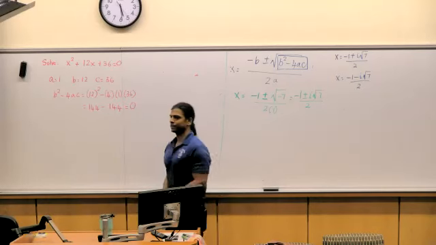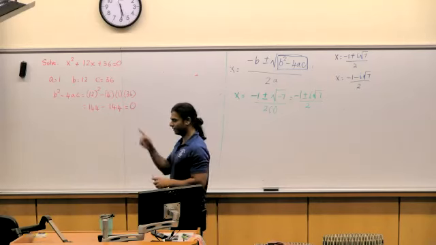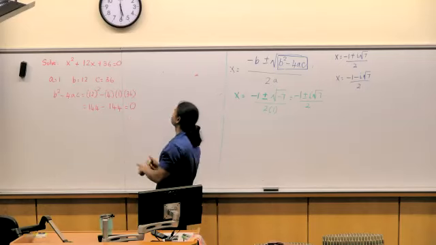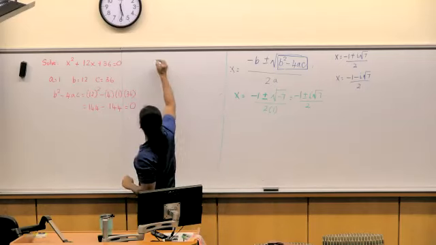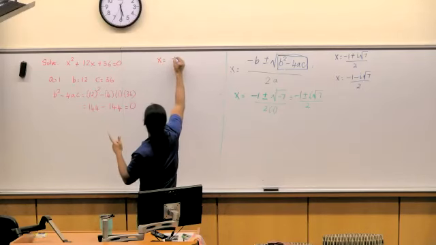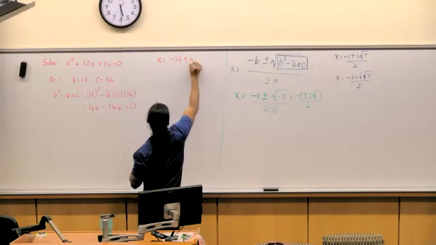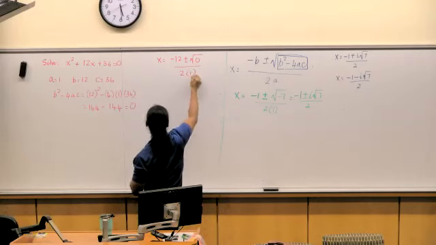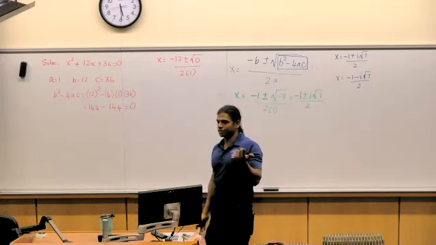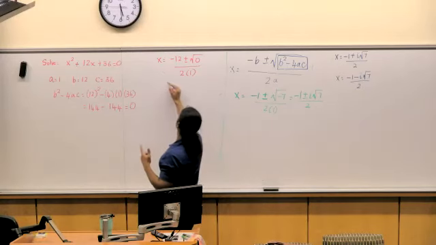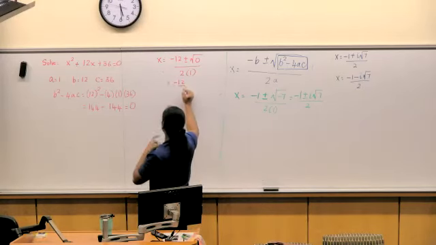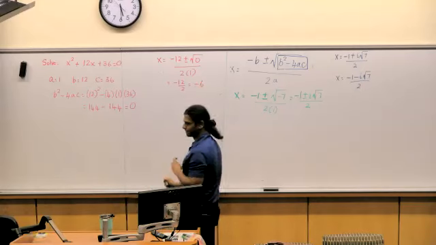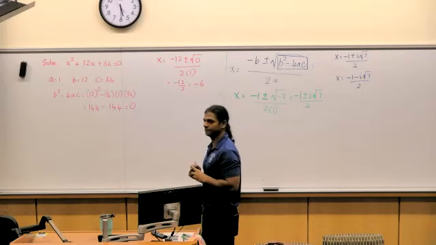That equals 0. Earlier, I mentioned if the discriminant is 0, you will have one solution. You plug it in the formula, minus 12 plus or minus square root of 0 divided by 2 times 1. Square root of 0 is 0. Minus 12 divided by 2. You get minus 6. Good.